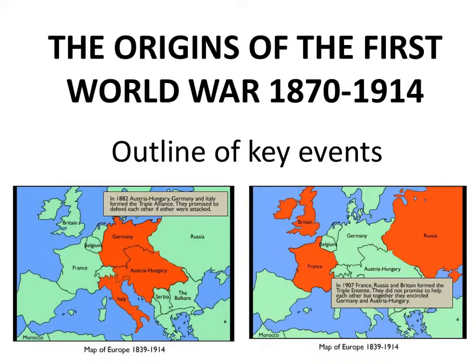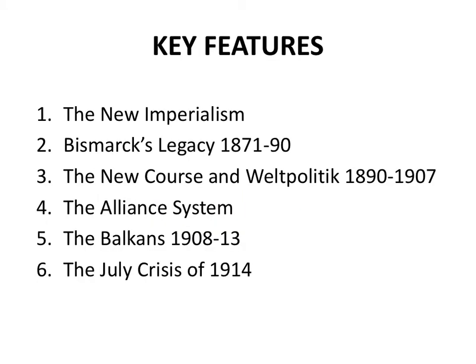Now, the podcasts that follow will be 6 podcasts, and they're listed there. With the exception of the last podcast, the July crisis of 1914, which will be slightly longer. That's where everything sort of comes together.